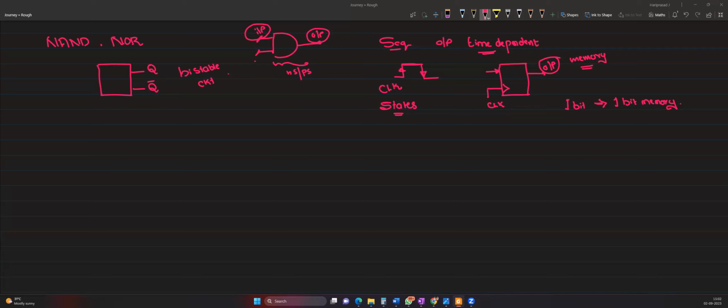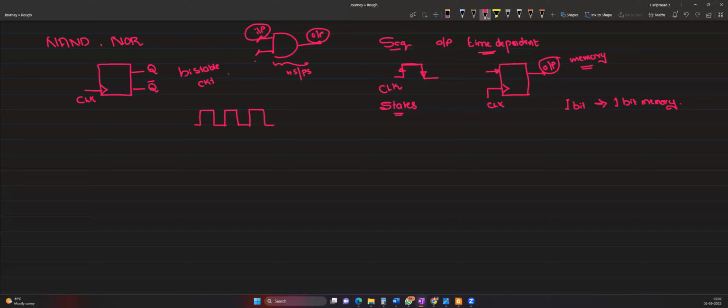I said the output will come into effect based on the clock. The clock is usually a series of square pulses, usually derived from an oscillator or crystal.